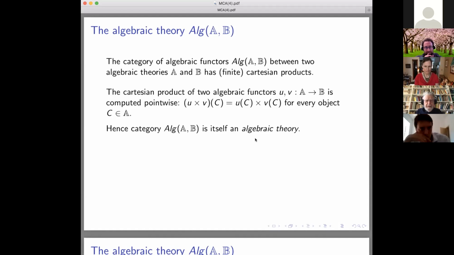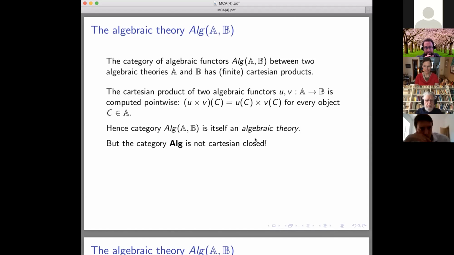Therefore, the category of algebraic functors between A and B is itself an algebraic theory. So you get the idea that maybe this is the internal hom for a Cartesian closed structure, right? Because it's like in the category of small categories, where the category of all functors between two small categories is itself a category. So you have a Cartesian closed structure. You may expect, the first time you see it, oh yeah, that must be the internal hom for a Cartesian closed structure.